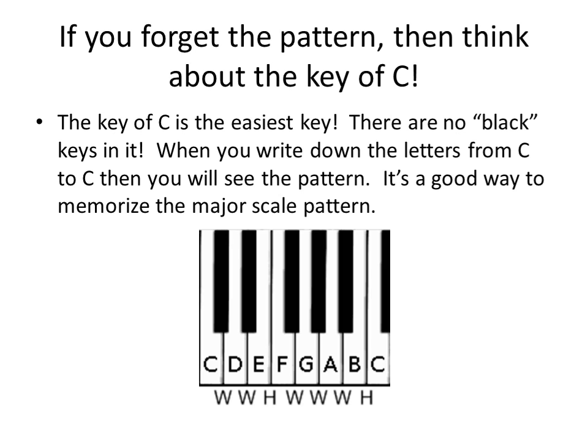If you forget the pattern, don't panic. Just think about the key of C. There are no sharps and there are no flats in the key of C. So you can just take a piece of paper and write it out. C, D, E, F, G, A, B, C. And then think about your piano keyboard. That will show you where the half steps are. Because between E and F, there's no black key. So E is the 3, F is the 4. Now you remember your pattern.